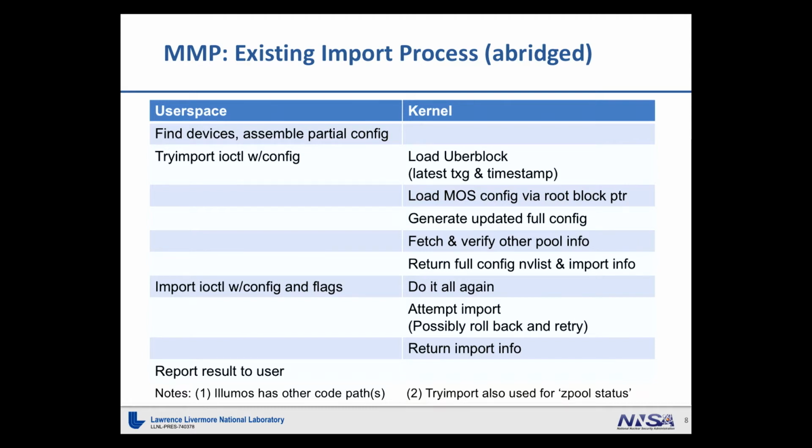And user space then takes that full config, passes it back in with an import ioctl, along with any flags like the force flag to ignore the host list. Almost all, or a whole lot of that work that the try import did gets done again. And the import either succeeds or fails, possibly after having rolled back. It then passes back status information to user space, which reports its results.